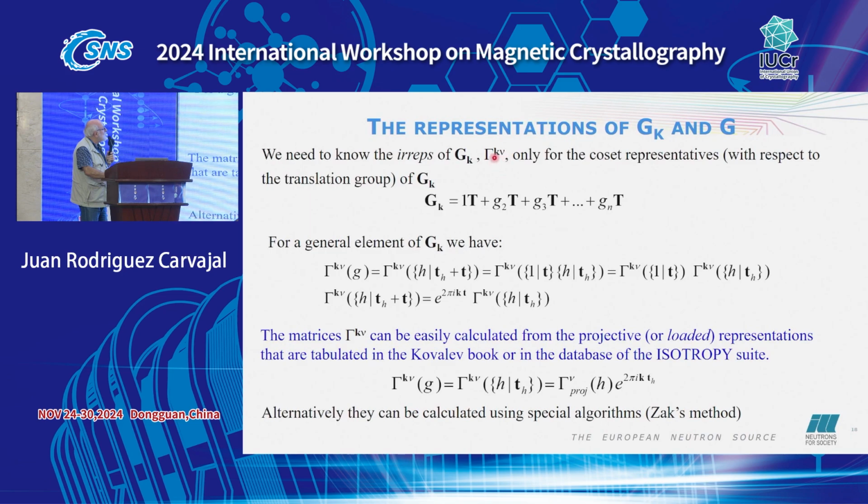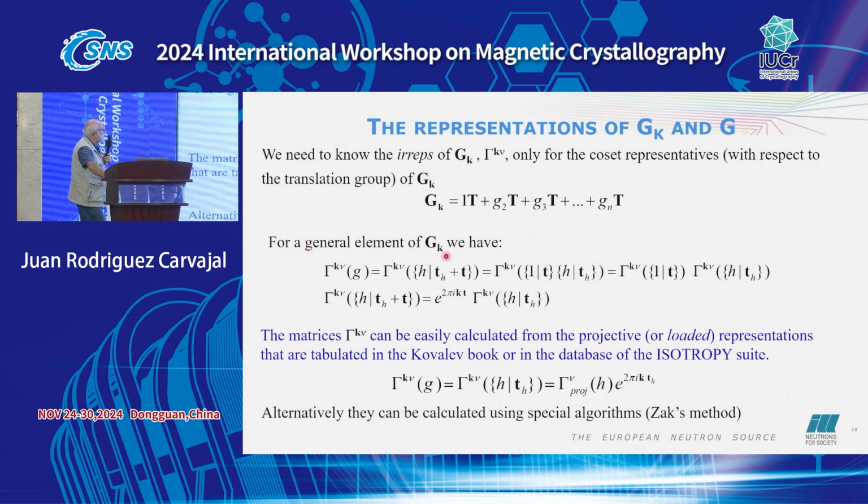We need to know the matrices only for the coset representatives with respect to the translation group of GK. Then we need to know the matrices corresponding to G2, G3, etc. Only that.